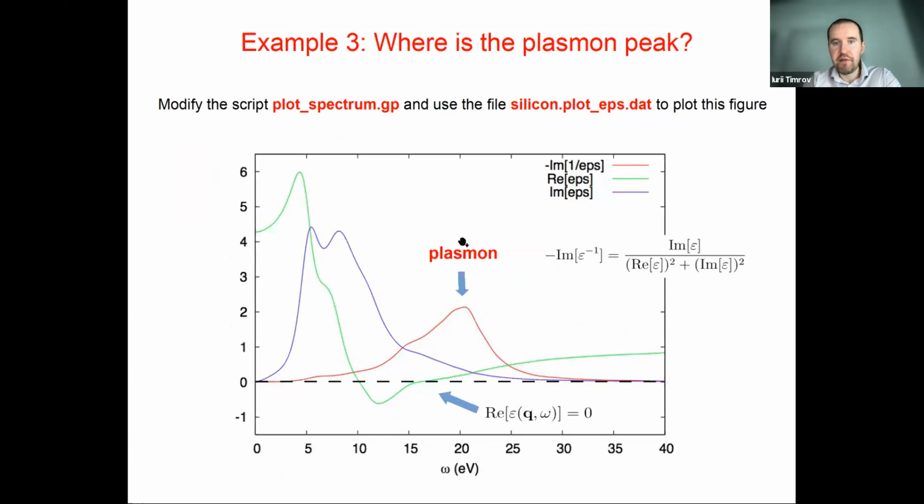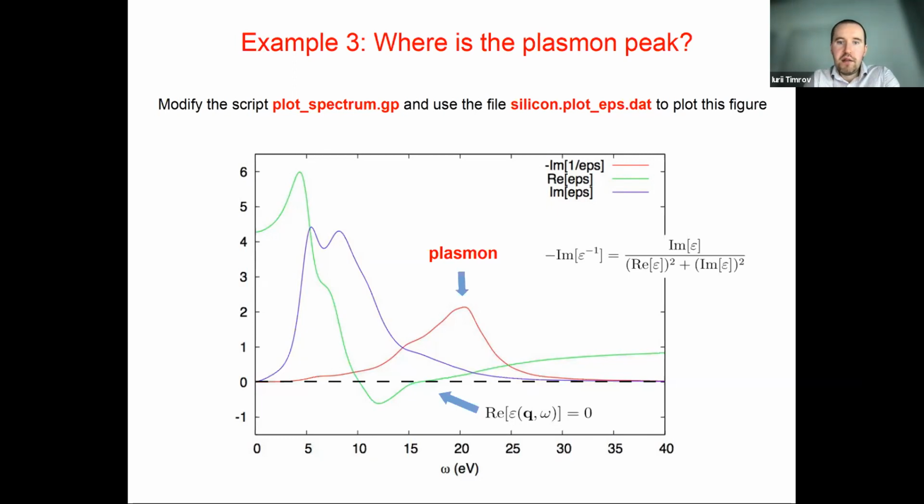I explained before why this is a plasmon, because the real part of epsilon is 0, or not exactly at the same energy, but nearby. Yeah, so this spectrum can be compared with experimental spectra. If you are interested in the field of plasmonics, you can use this technology to determine plasmon spectra.